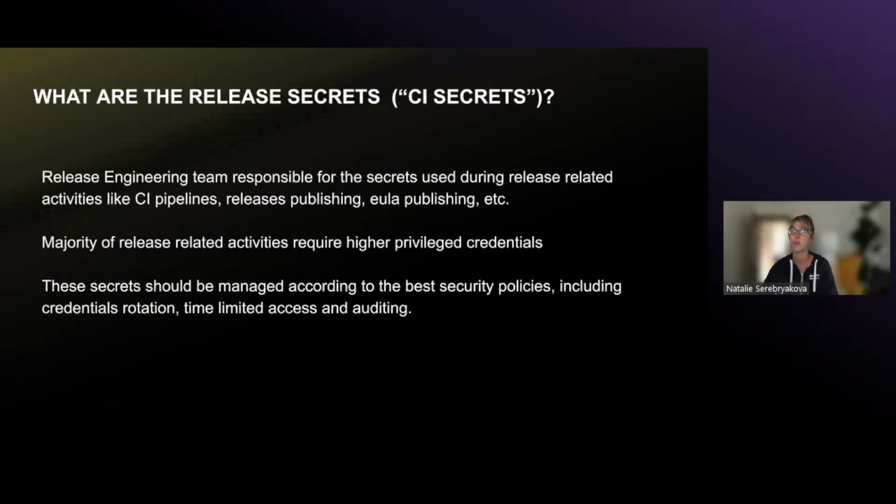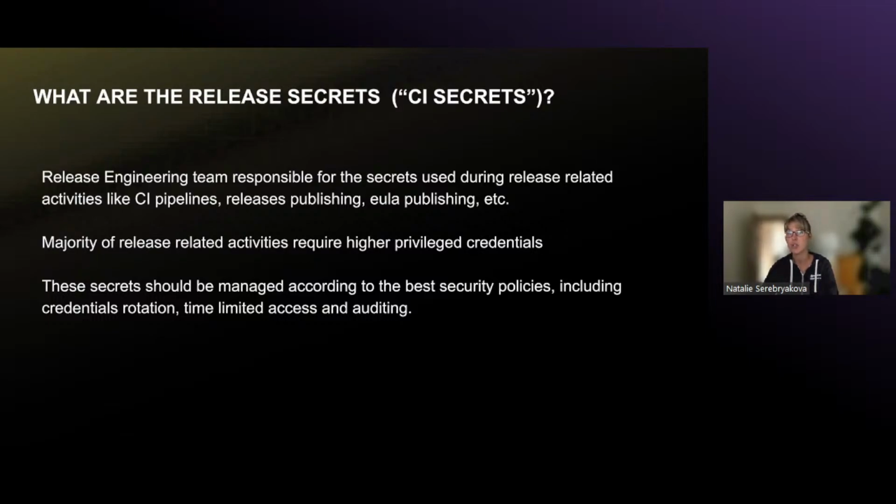And why in this talk I'm trying to position release secrets as something different is because as a release team, most of the time during our work in automation, we are responsible for a bigger amount of secrets, let's put it this way. They are most of the time related to different release activities. It could be a CI pipeline, it could be release publishing or other steps.